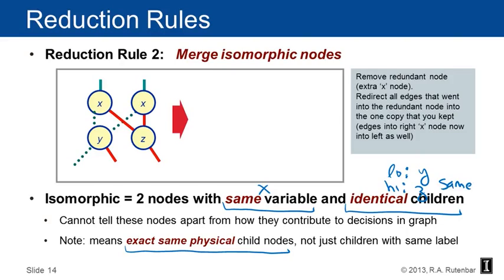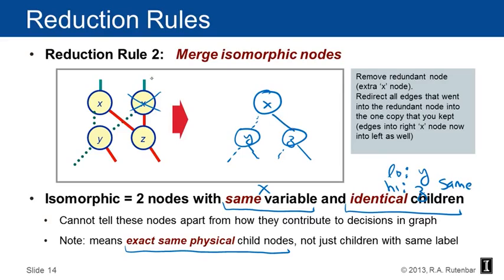And so what happens up here is that I don't need both of them. I can get rid of one of them. And so I can simply replace it with one, any one, it doesn't matter. And I can keep the children, right, as I'm just drawing here. So there's an x node, its low child goes to y, and its high child goes to z, and then y and z are unaffected.